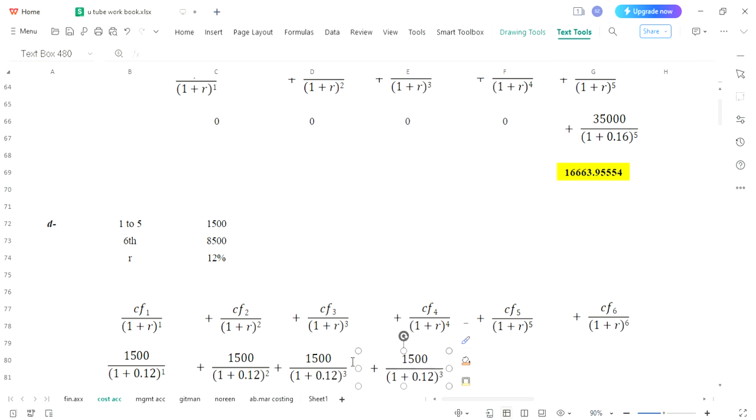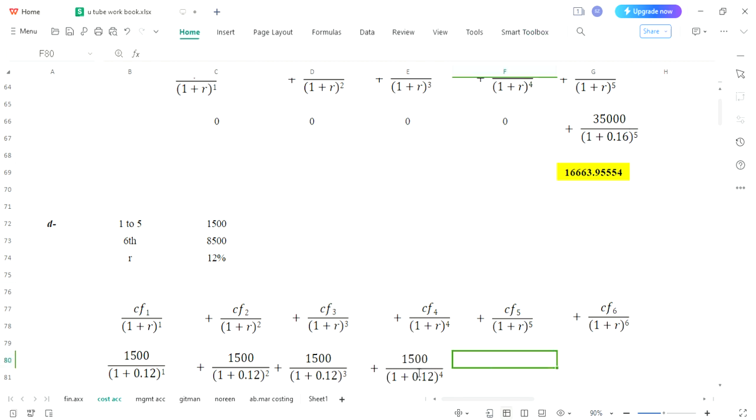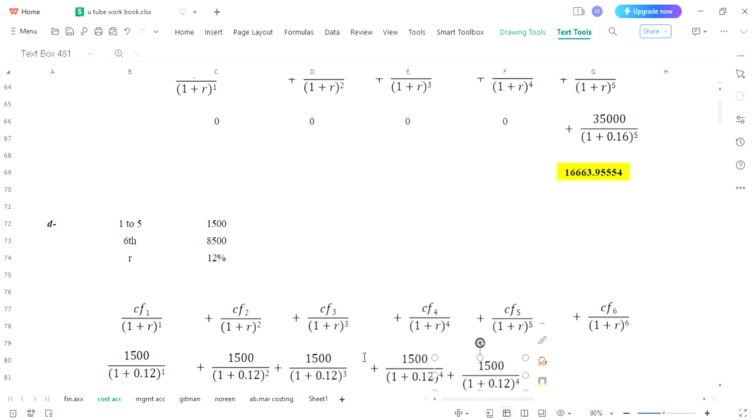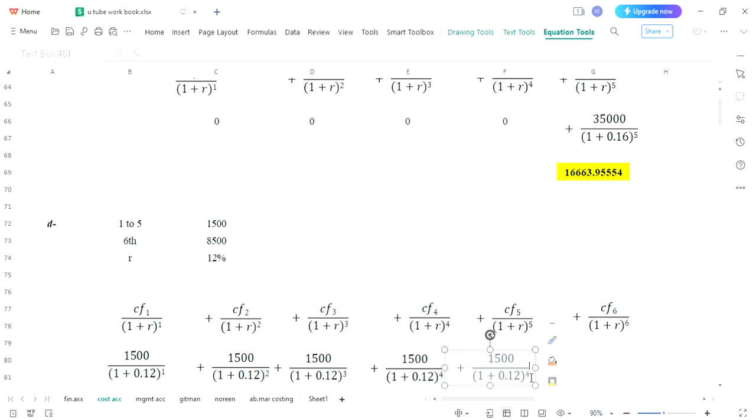Here only the nth value would be altered. Now it is 4. 4 statements are completed. Now let's put values in our fifth statement. Over here 1500 would remain the same as from 1 to 5 we have 1500. The value of n would be altered only from 4 to 5.